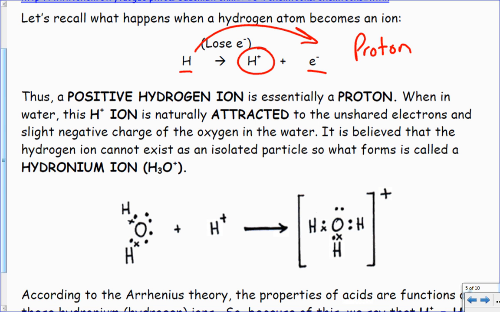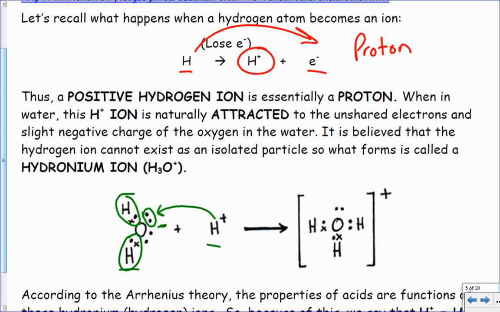So if I have water with my H with no electrons, this H still wants 2 electrons, and look, here's 2 of them right there, and it's going to go and hook on. But notice, in this particular example, on this side, the H has an X and a dot, and this H has an X and a dot, because remember that the X is the electron that hydrogen brought with it when it bonded.